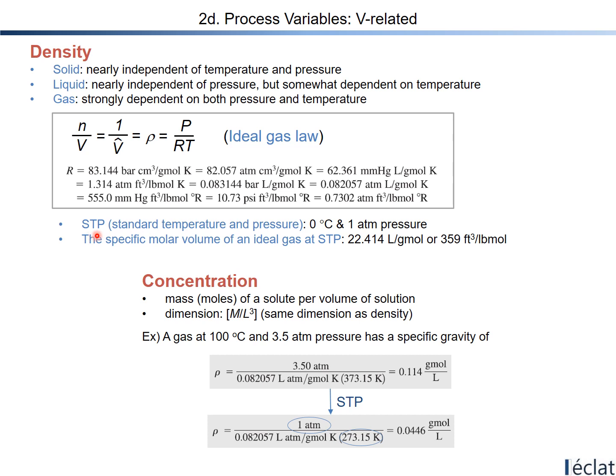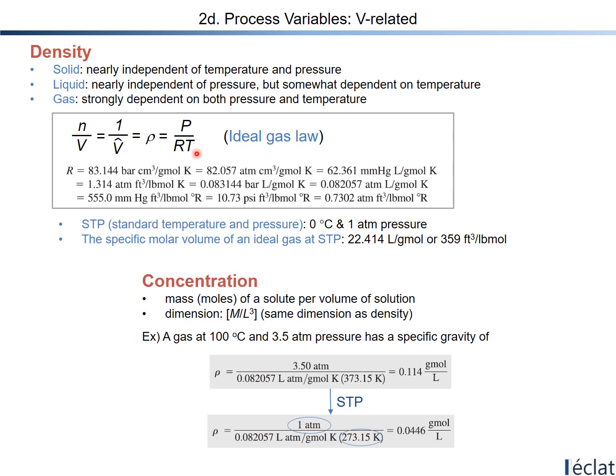Here are two comments about this dependency, especially for gas. Sometimes you have met this word STP. What is the STP? Standard temperature and pressure, which means 0 Celsius degree and 1 atmospheric pressure. So the specific molar volume of an ideal gas at STP is 22.4 liter per gram mole. Maybe you know. Just put 0 Celsius degree into T, but not 0. Instead of 0 Celsius degree, you should use the Kelvin or Rankine, right?